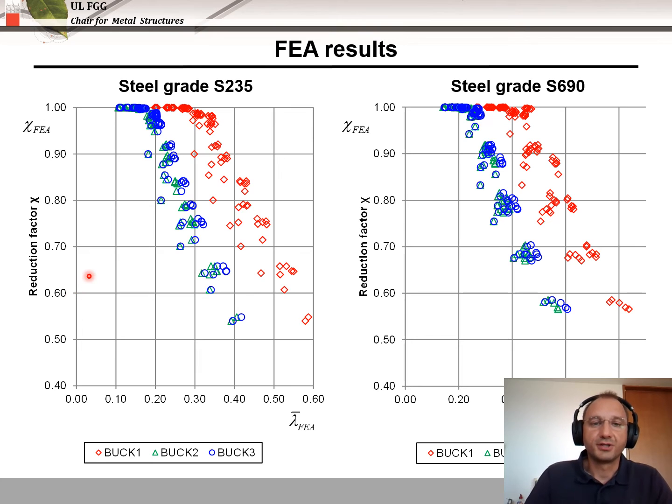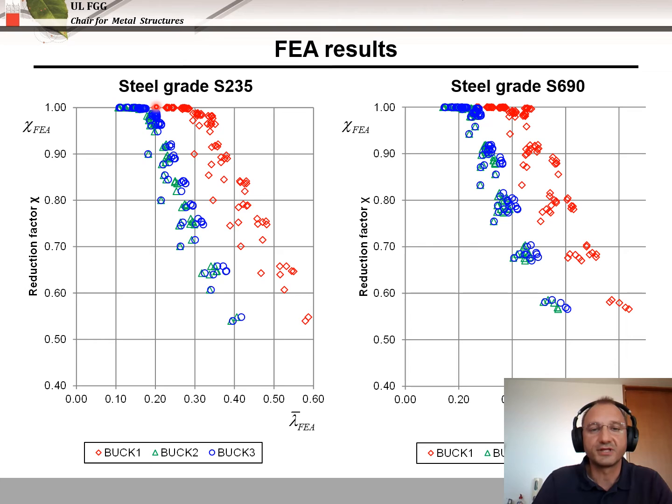If we plot the results of the numerical parametric study for both steel grades with different boundary conditions, we can observe some trend in the results. On the x-axis is slenderness, on the y-axis is the reduction factor.